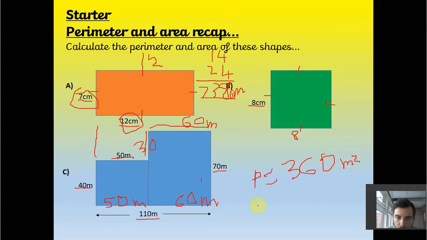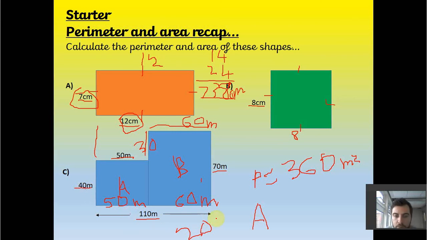Alright, and then your area, we'd have to work out the area for this first. So I'd label this as A, and this is B. Alright, so then if I was working out the area, I might not know what 50 times 40 is, but I know that 4 times 5 is 20. And then I simply add on my zeros.